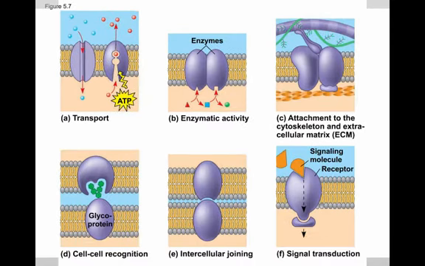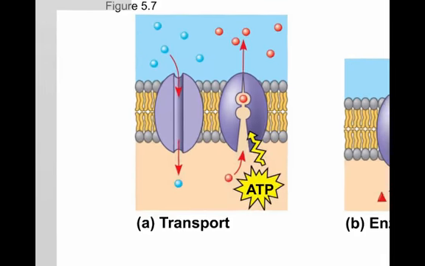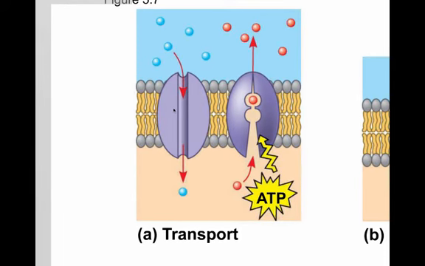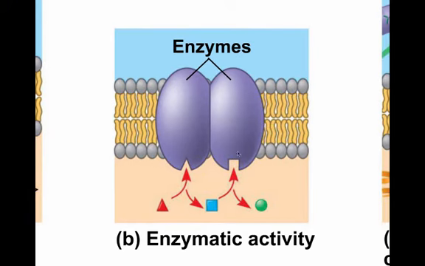So proteins in the membrane have lots of different functions, and we'll mention several, but these are not the only ones. So first of all, many proteins in the membrane are involved in transport processes, and we'll talk about those in detail in the next video. Many proteins have enzymatic functions. Some of these are signaling related, and some of them have other enzymatic functions.